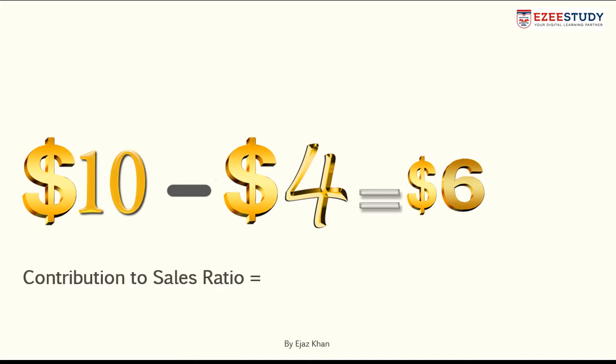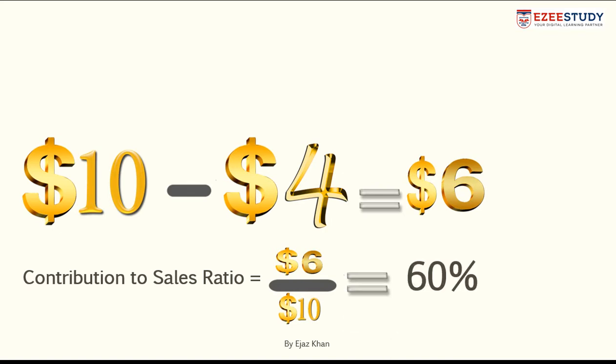If we needed to find out the contribution to sales ratio, then we have to divide 6 by the price, which is 10, in order to find out how much we are saving in terms of percentage. So the contribution is 60% of the price. It is called CS ratio.